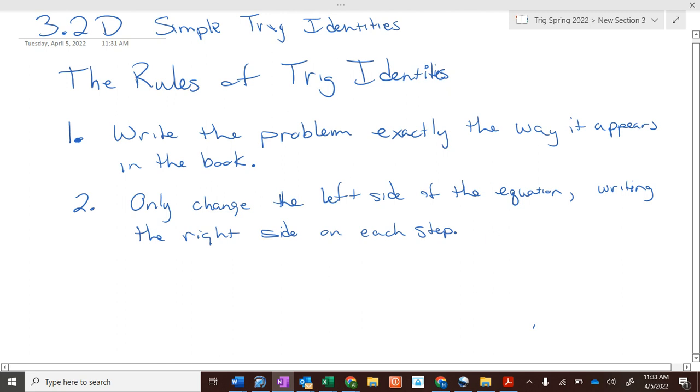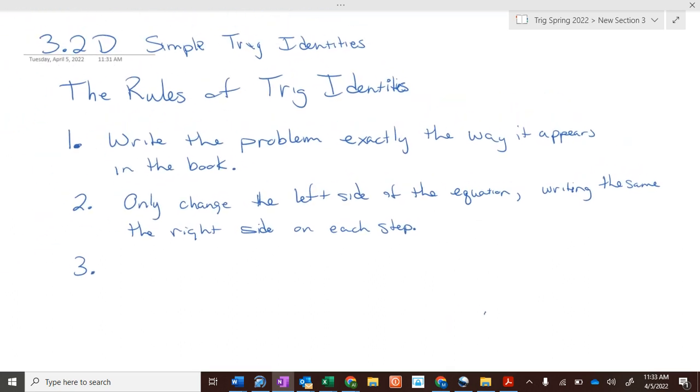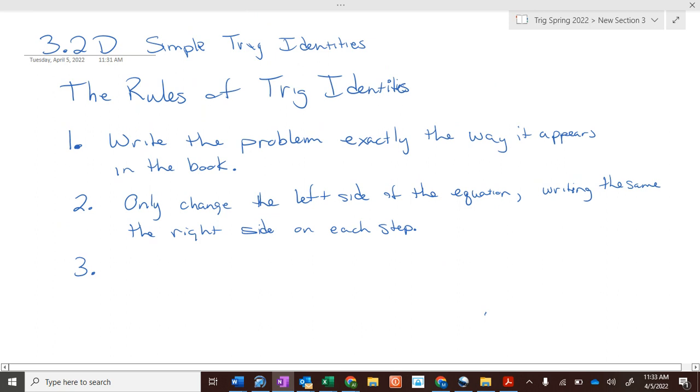So you're going to only change the left side of the equation, and keep the right side the same, and you're going to write it on the right side each time. Maybe I should say: only change the left side, writing the same right side on each step.